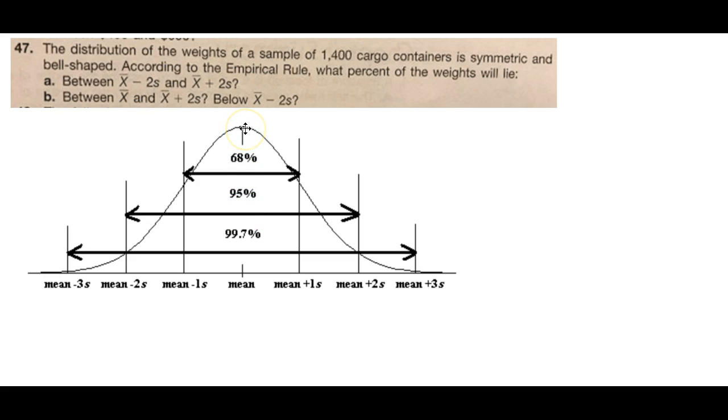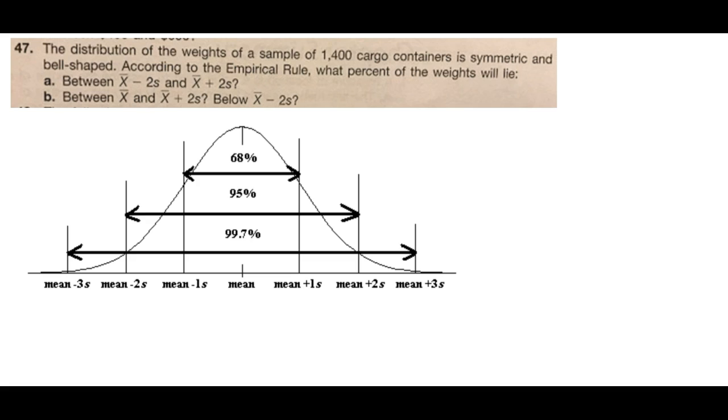So A says, what percent of the weights will lie between X bar, that's the sample mean, minus 2 standard deviations, and the sample mean plus 2 standard deviations. So we can get this just based off of this chart, and I'm going to just fill it in here.